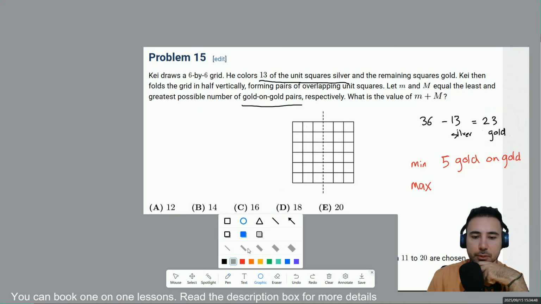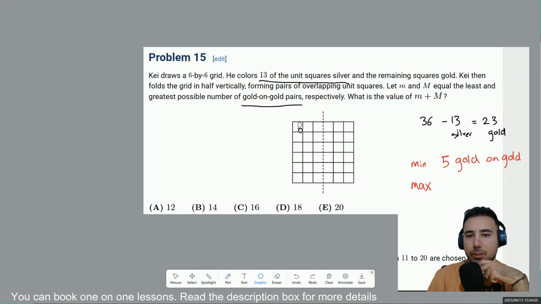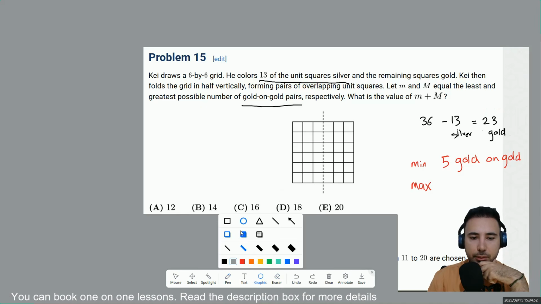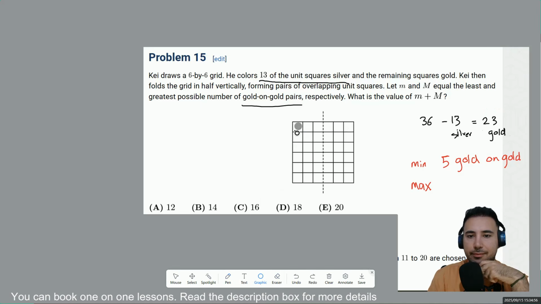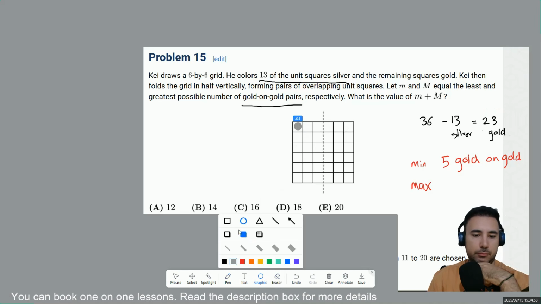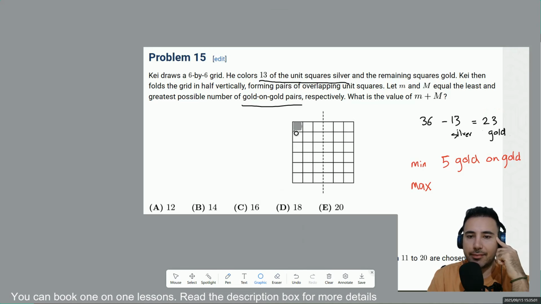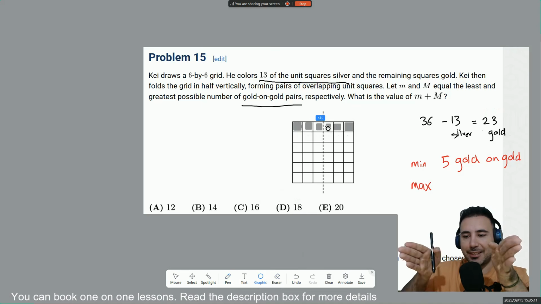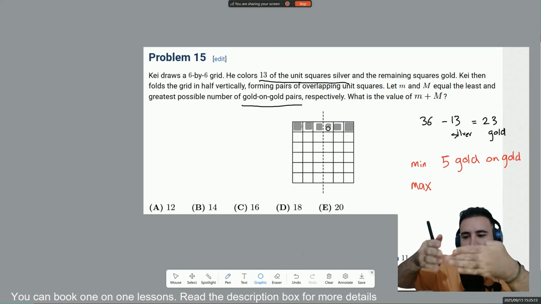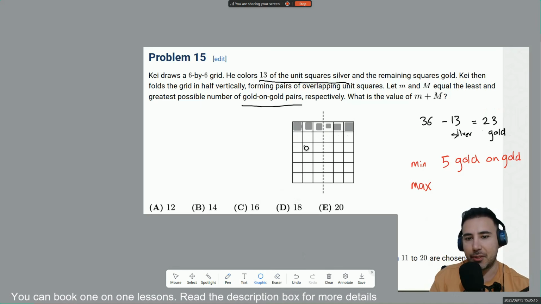To get gold on gold, if I put one of my silvers here, oh, my bad. Okay, I fix it. If I have 1 silver here, I'm going to put another silver here. I put 1 silver here, 1 silver here, 1 silver here, 1 silver here. So if I fold, all these silvers go on top of the other silvers.